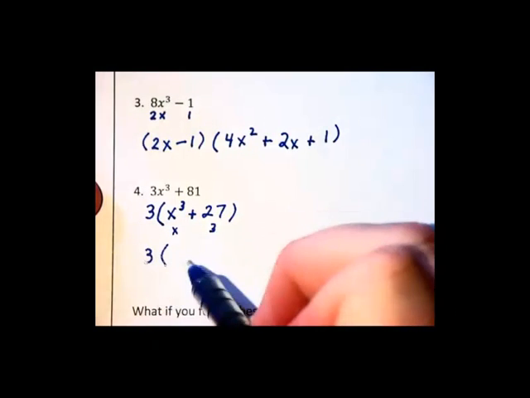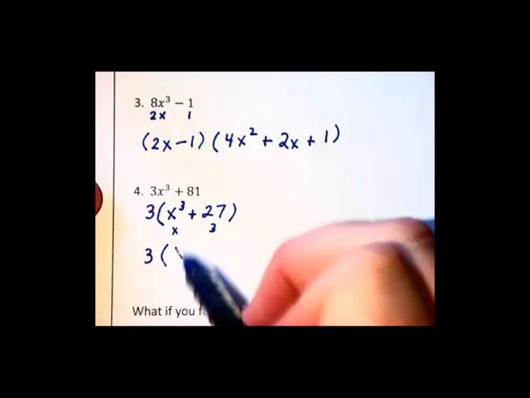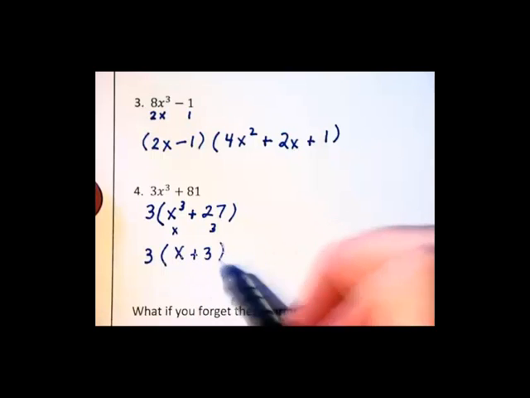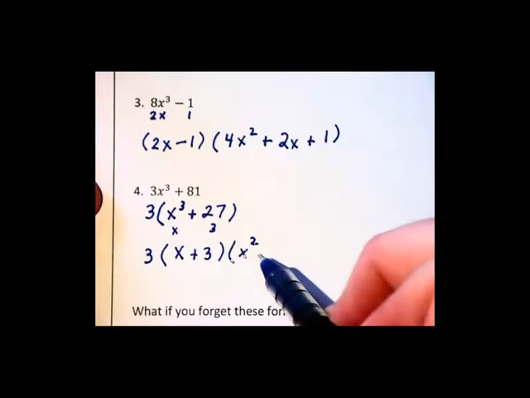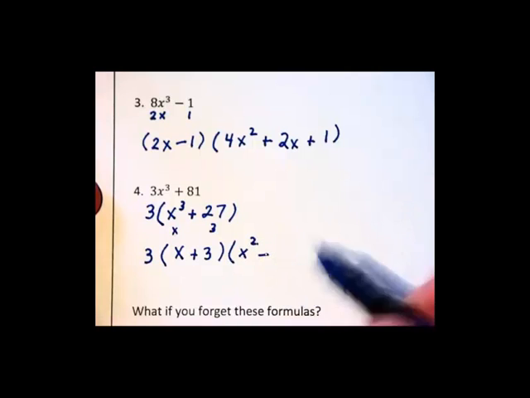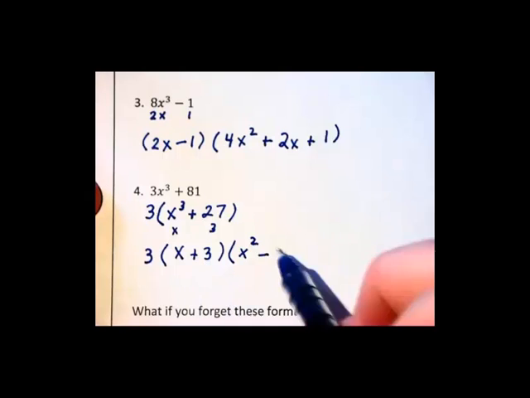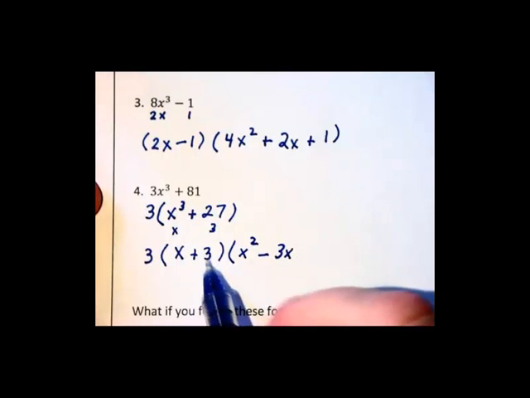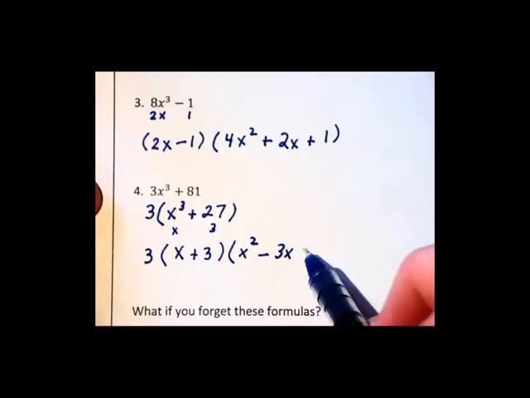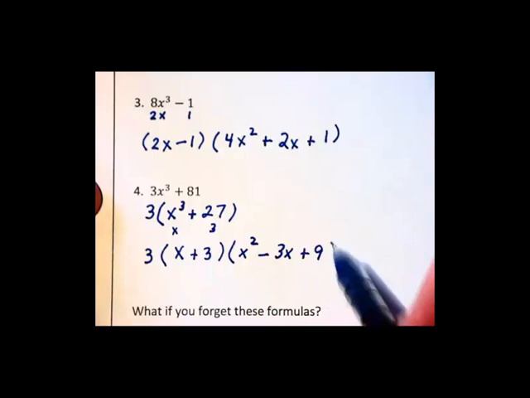My first parentheses will have the same sign, so x plus 3. Second parentheses will begin with x squared. We'll have the opposite sign. x times 3 makes 3x, and 3 squared makes 9. And so there's our product.